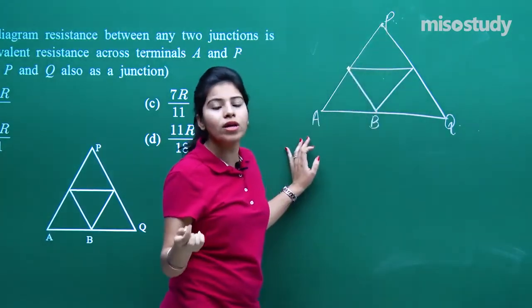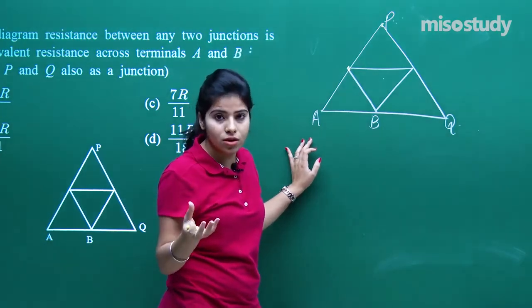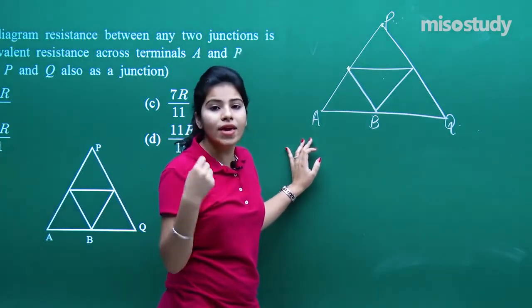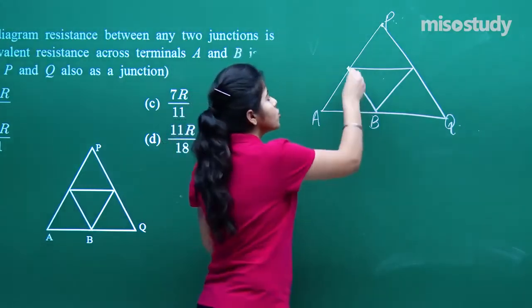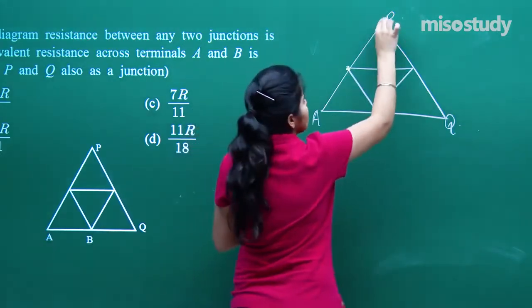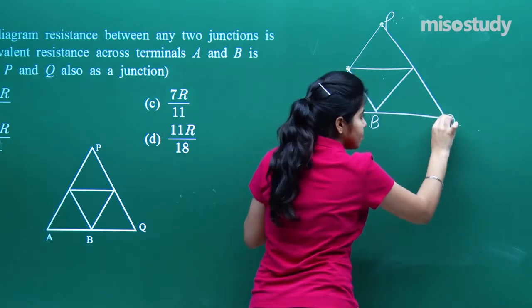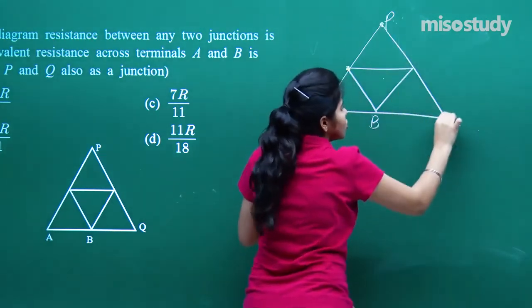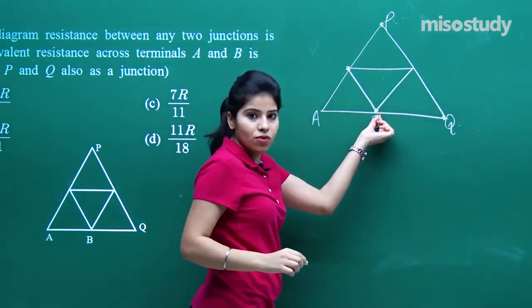Let me ask you one question. What do you mean by a junction? A junction is a point where 2 or 3 resistances are meeting. So in the question, P and Q will also be junctions, because 2 resistances are meeting here.